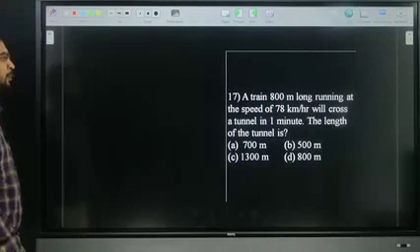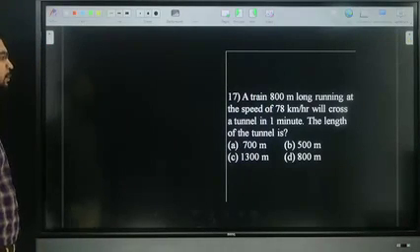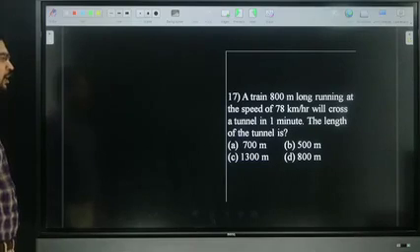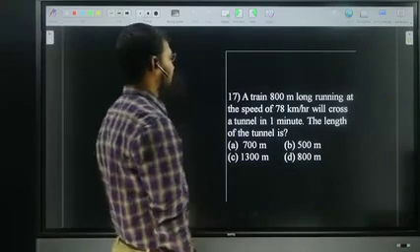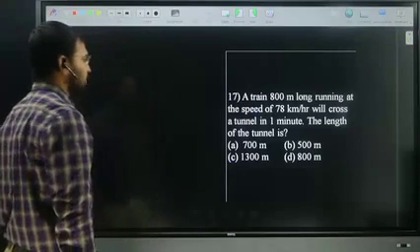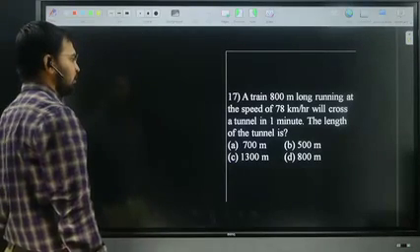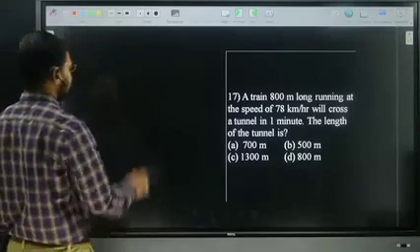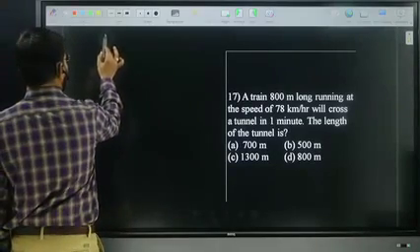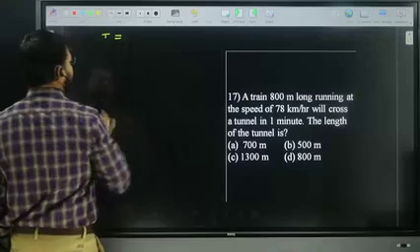A train 800 meters long running at a speed of 78 km per hour will cross a tunnel in 1 minute. The length of the tunnel is dash. Generally, time is equal to distance by speed.